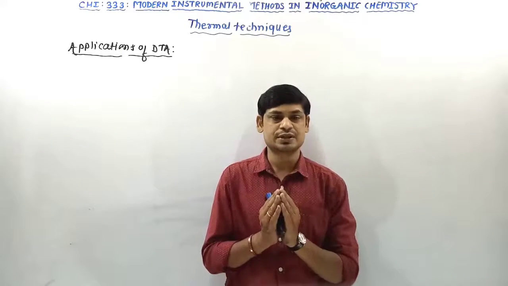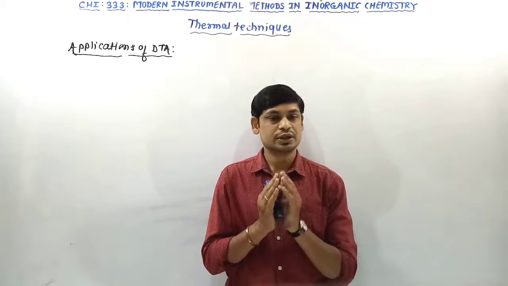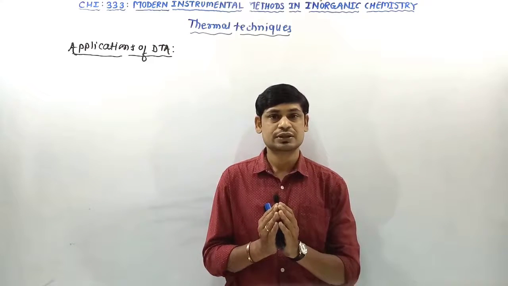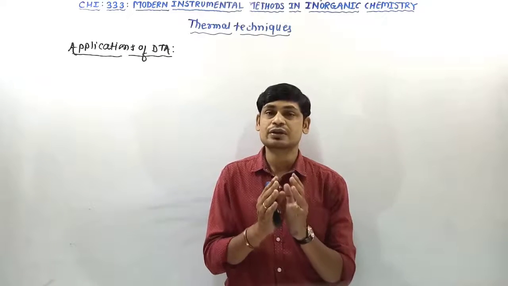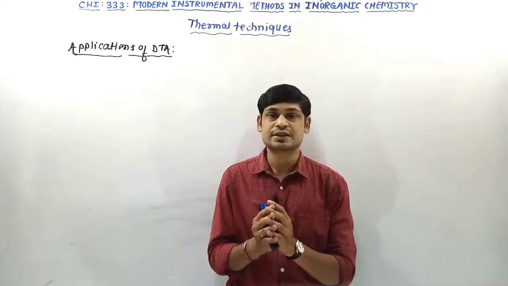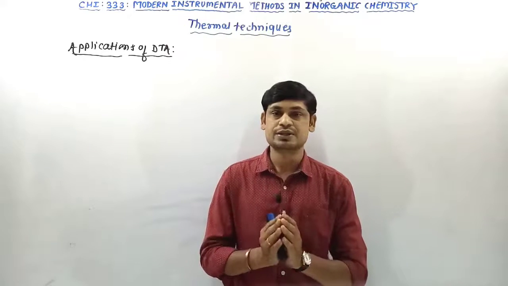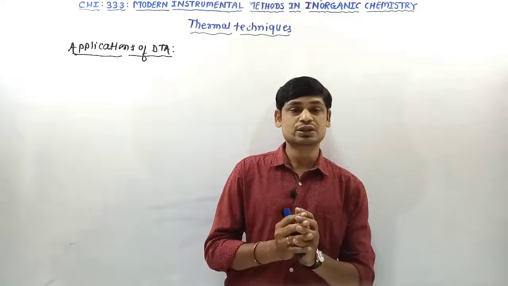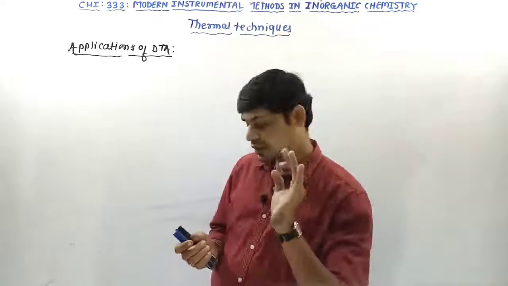In physical chemistry, DTA is used to determine the heat of reaction, specific heat, thermal diffusibility, heat evolved during the process, etc. So the first application is to determine the heat of reaction and the heat diffusibility. Next, to determine the heat capacity, specific heat, etc.